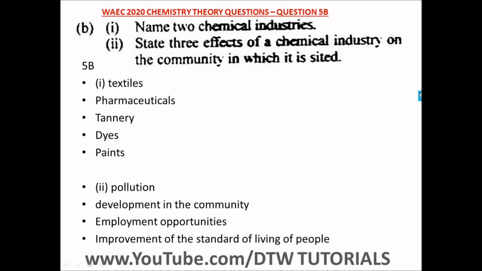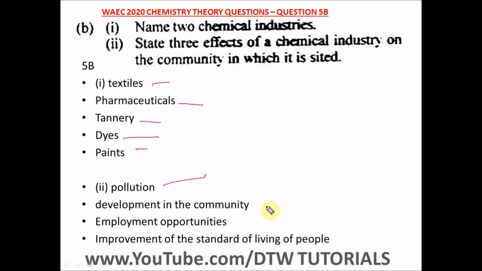Number 5B said, name two chemical industries and state three effects of a chemical industry on the community in which it is sited. So we have textile industries, you have pharmaceuticals, you have tannery, you have dyes, you have paint. All these are chemical industries. Okay, and the effects of this industry, we have pollution. When you site any of these industries in a community, that community is prone to what?